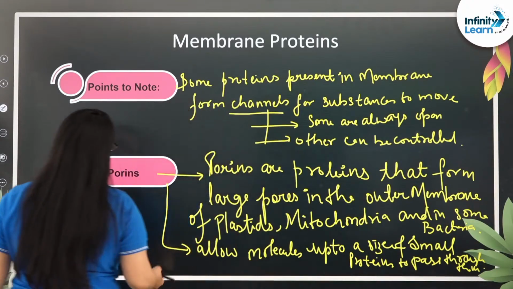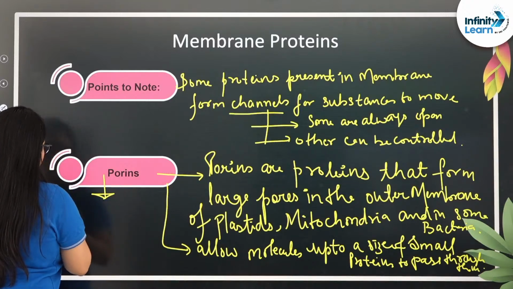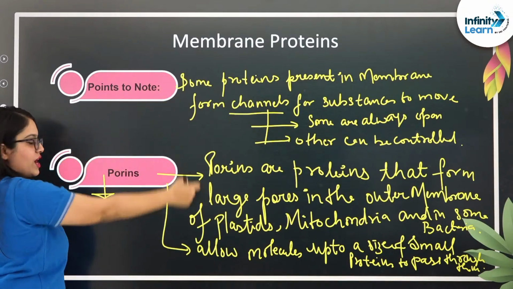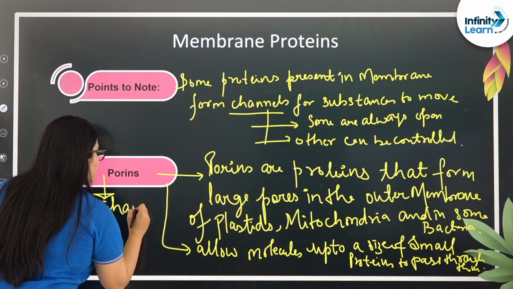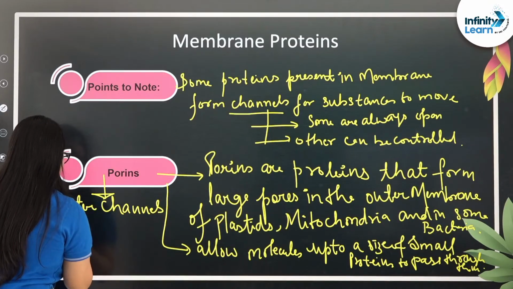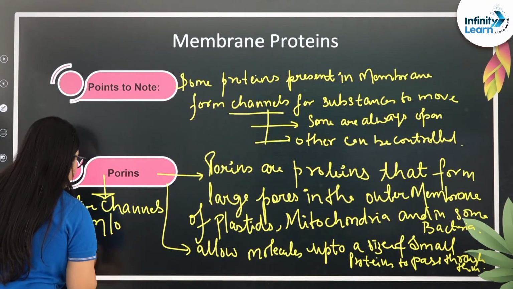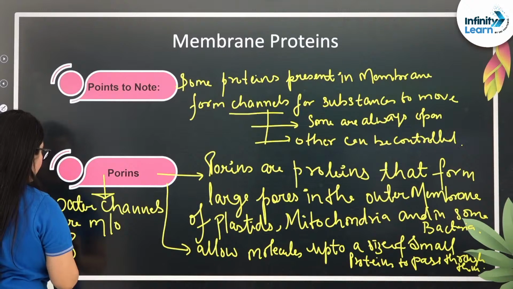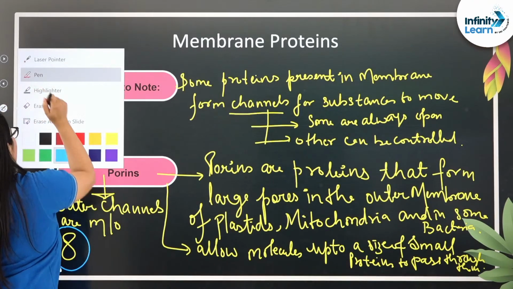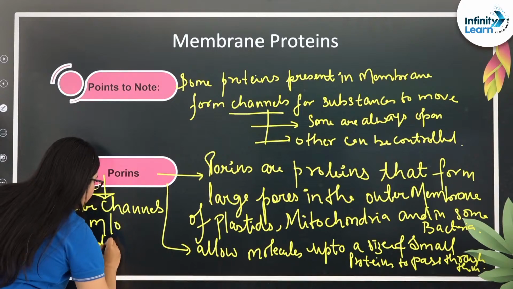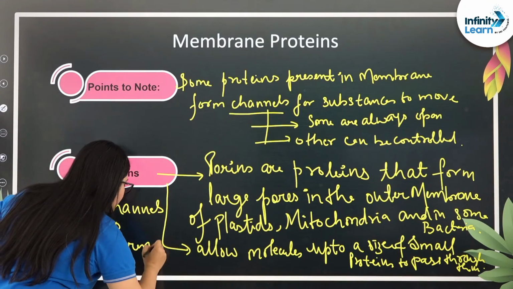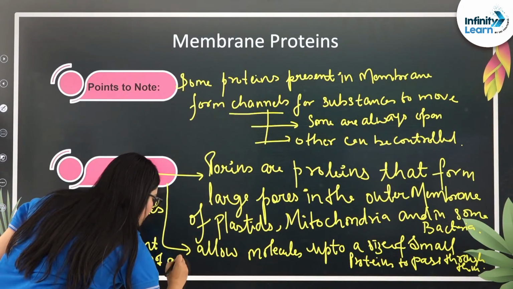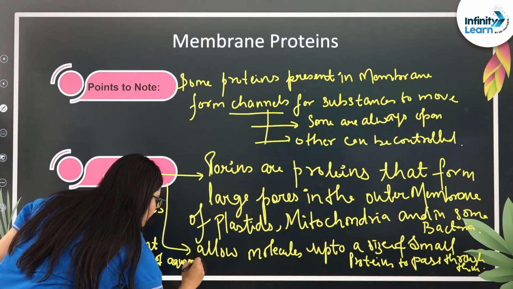Another important fact also given in your NCERT, please note students: water channels. We were talking about channels, membrane proteins forming channels. So, water channels are made up of 8 different types of aquaporins.